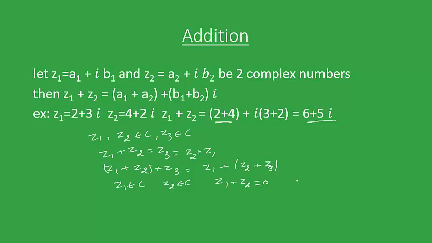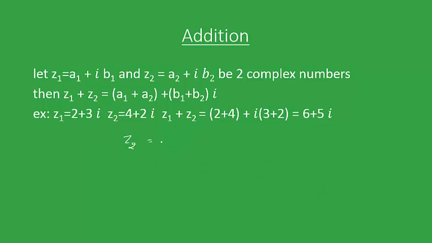This is simply written as z2 is equal to minus z1. That is, if z1 is equal to a1 plus iota b1, then z2 will be minus a1 plus iota times minus b1.